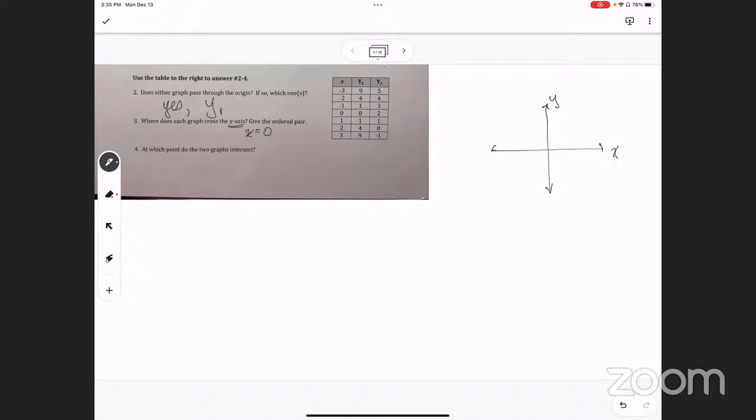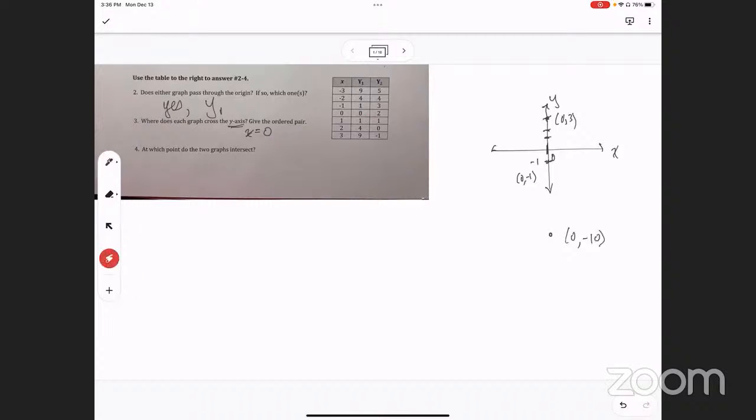The place where it crosses the y-axis is where x equals 0. But y can be whatever, right? But x has to be 0. So this point right here would be 0, 3. This point down here would be 0, -1. This point way down here would maybe be 0, -10.